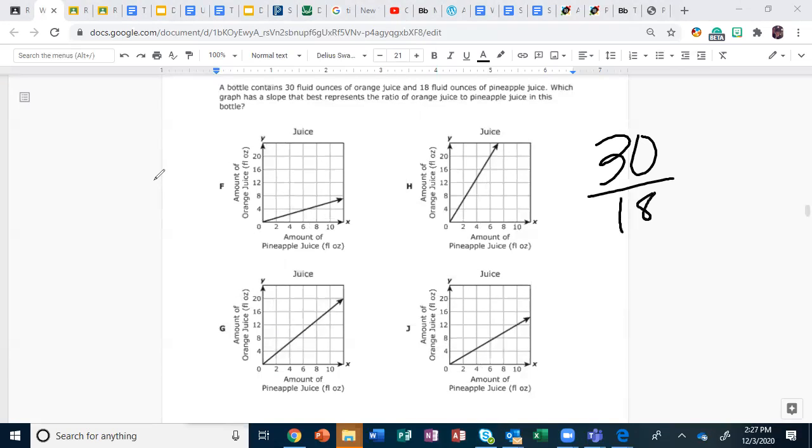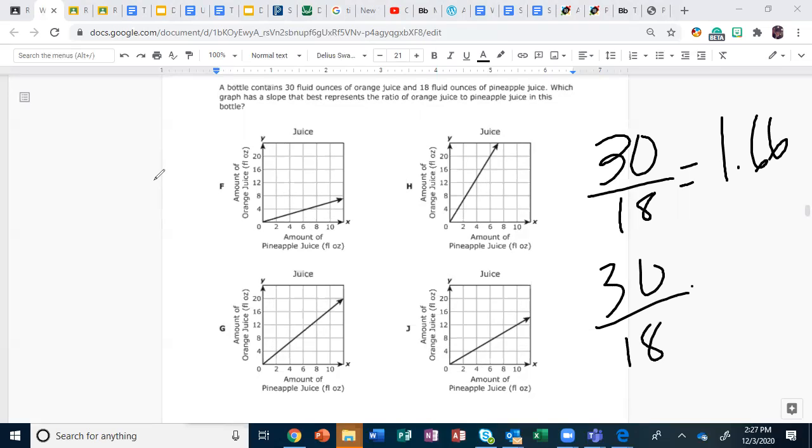That's 1.66. Now, I want you to also think about what I can divide 30 and 18 by to make this a fraction. You can simplify it.